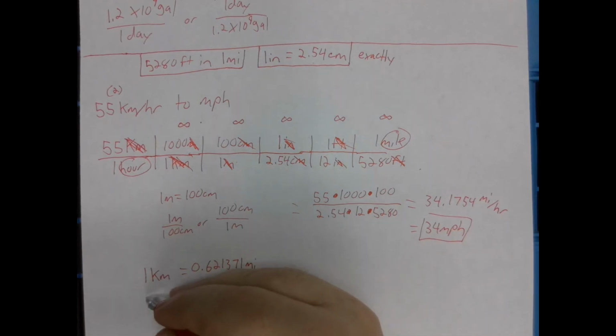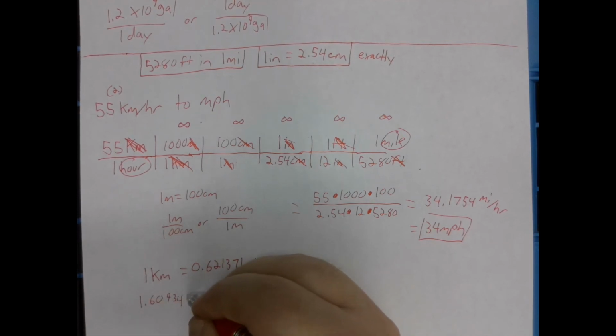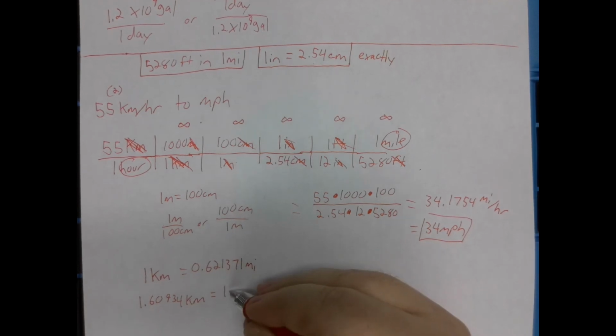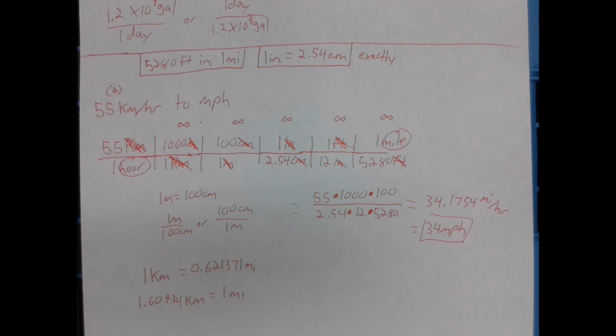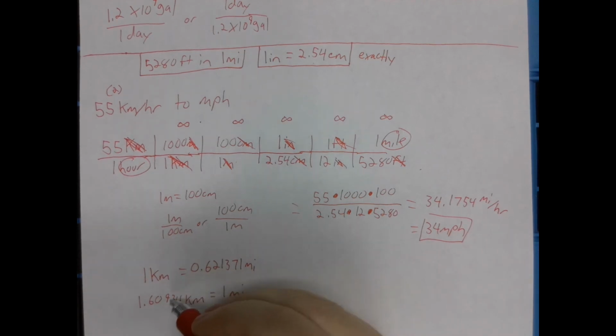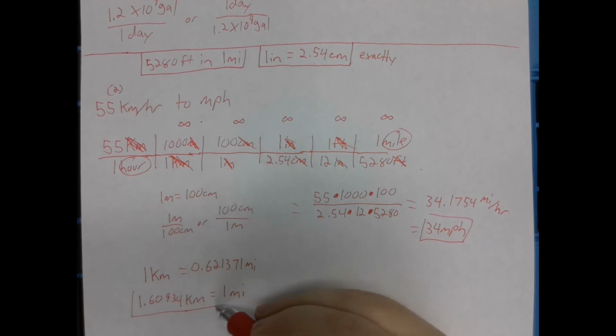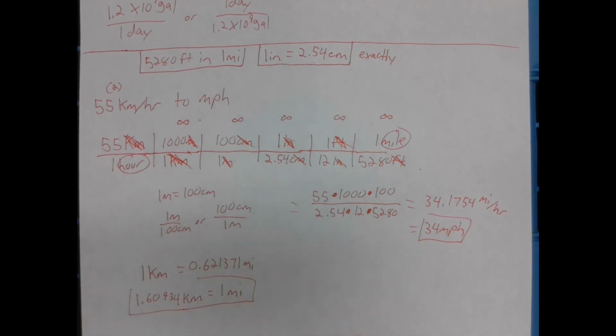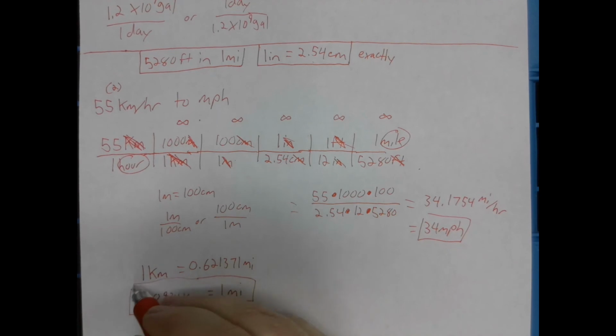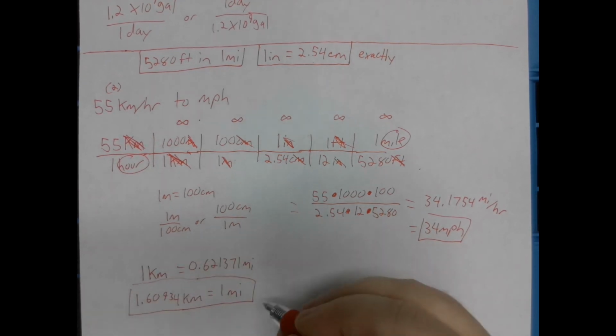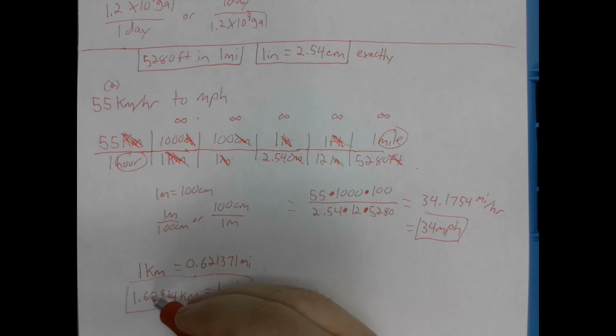It's more often used that 1.60934 kilometers is equal to 1 mile. We usually try to avoid using conversion factors less than 1. So you can remember that a mile is approximately equal to 1.61. Note that this isn't exact. This is non-exact, so it has 1, 2, 3, 4, 5, 6 significant figures.